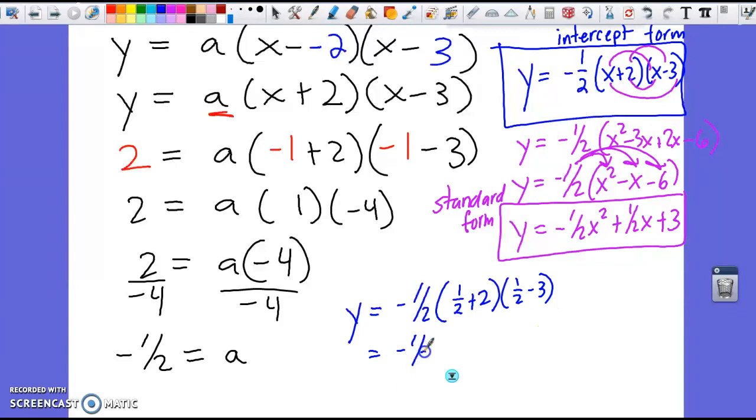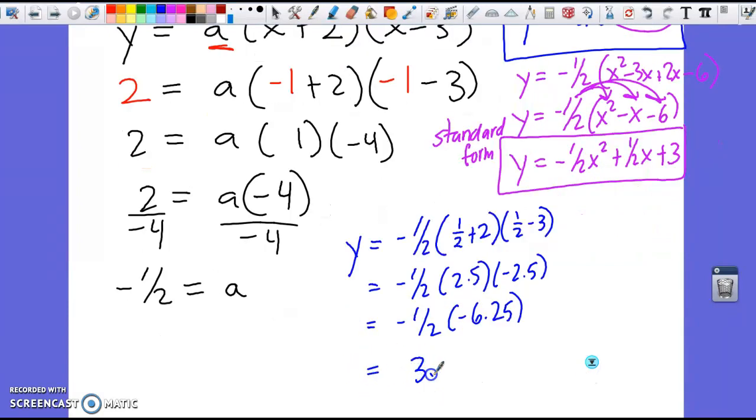So I get -1/2 times 2.5 times -2.5. So then I get -1/2 times -6.25. So I get +3.125. And if you're wondering how I'm getting these, it's just because I'm doing the math in my head. You could certainly use a calculator to help you out and find out what that y value was. So my vertex now is at 0.5, 3.125.